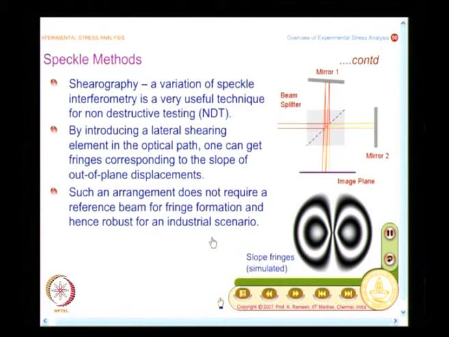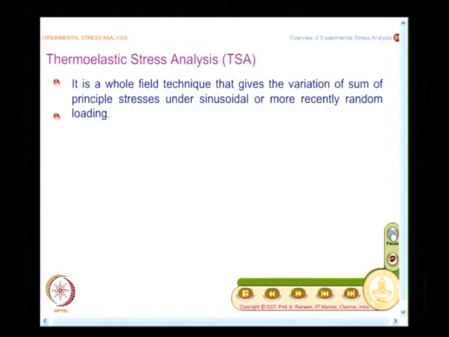So, we have so far seen quite a few techniques, the physical principle and the essential difference between them. Now, we move on to another experimental technique, which is again a whole field technique, known as thermoelastic stress analysis.